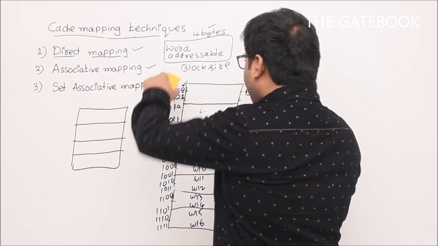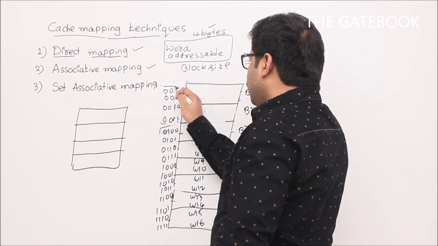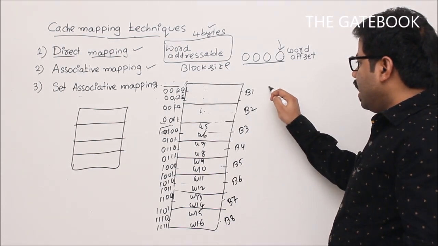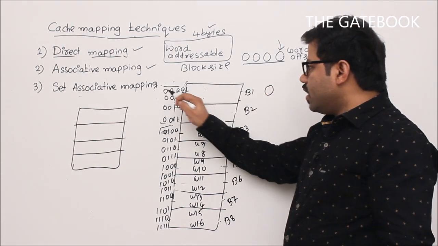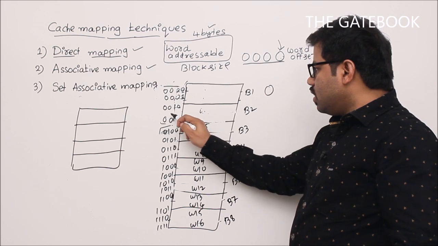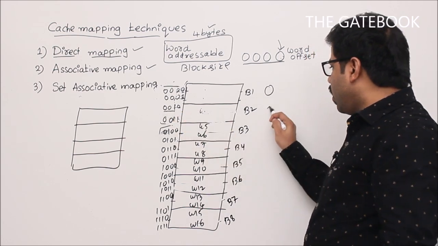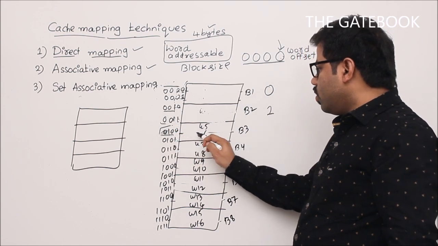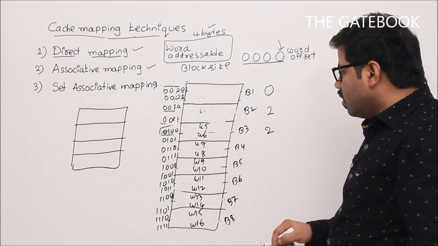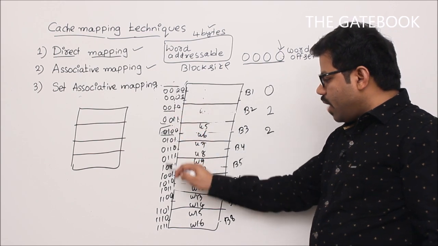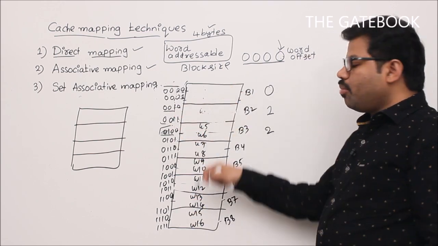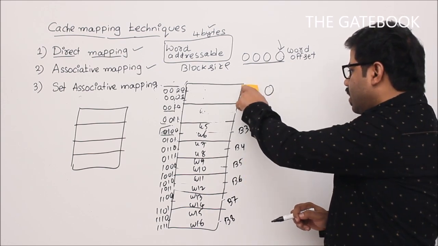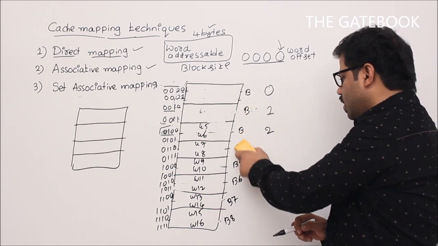If I remove the last bit, then the remaining 3 bits, just try to convert them to decimal: 001 is 1, 010 is 2, this is block 2. Can I say one thing? The decimal equivalent of this binary pattern is just giving the block number, right? See, block 0. Let us number them like this so that it will be easy for you to understand.